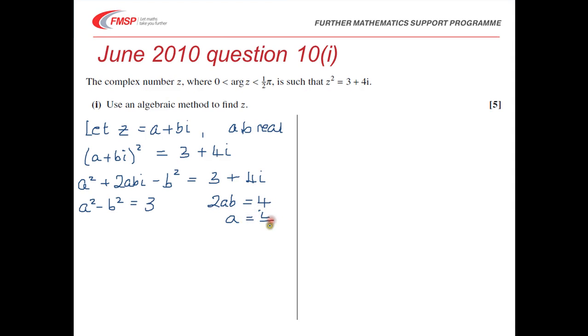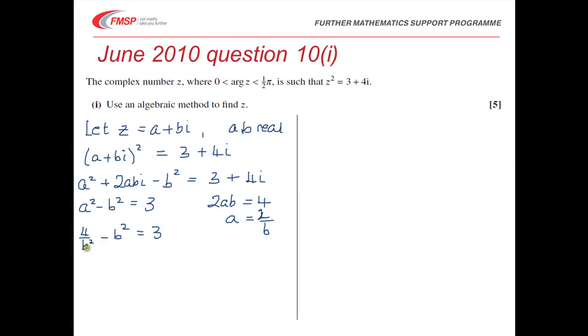So a is going to be 2 over b. And if we then substitute that into this equation, a squared is going to be 4 over b squared, minus b squared equals 3.